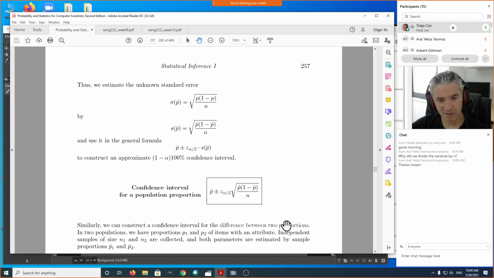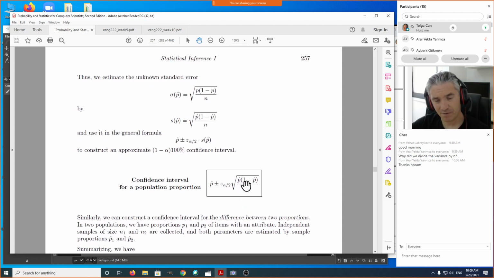Let's do the same thing for the difference between two proportions. For example, if you want to compare two things, an election is a good example. One political party gets this many votes, another gets this many votes. The votes the parties get are like proportions of the population.